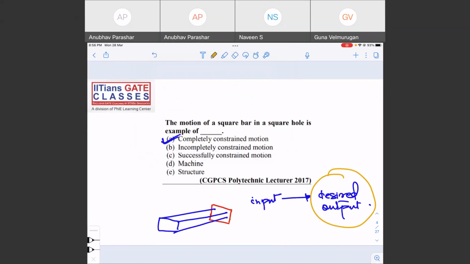For example, I'll give you a simple example. When you drive a car, you put your vehicle on the first gear, right? Then you press the accelerator, slowly remove the clutch. What do you want? Your vehicle should move in the forward direction, or there should be a doubt. Sometimes it will move forward, sometimes it will be moving backward. Which would you prefer? The first one or second one?